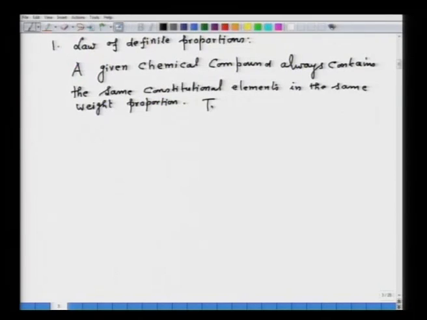That means this is true for stoichiometric compounds. For non-stoichiometric compounds, you have to find out in what proportion the elements are combined.